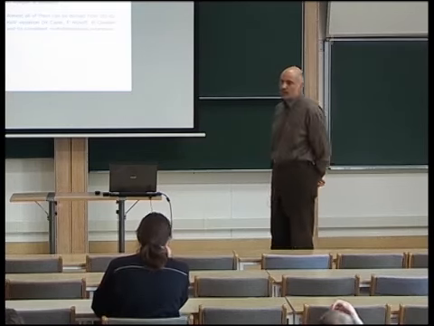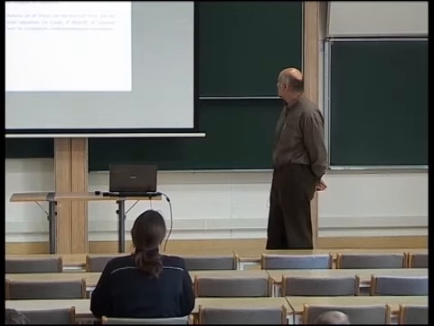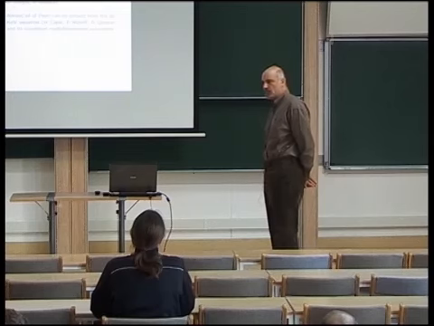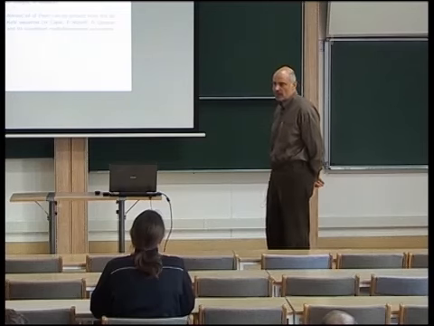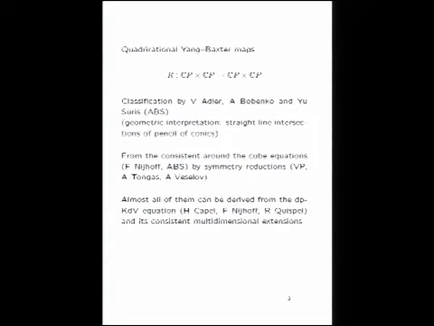So you use different symmetry reductions, plus you go up to dimensions 3 and 4 in order to derive all 5 Yang-Baxter maps that were in the classification of Adler, Bobenko and Suris.